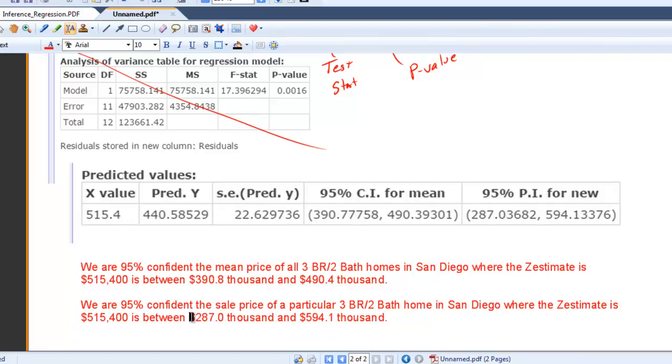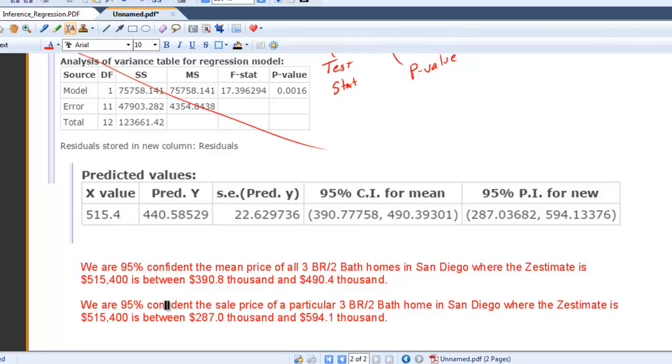And so you can see when you make a prediction about a particular house, your interval is much wider because there's more variability associated with individuals than there are with means.